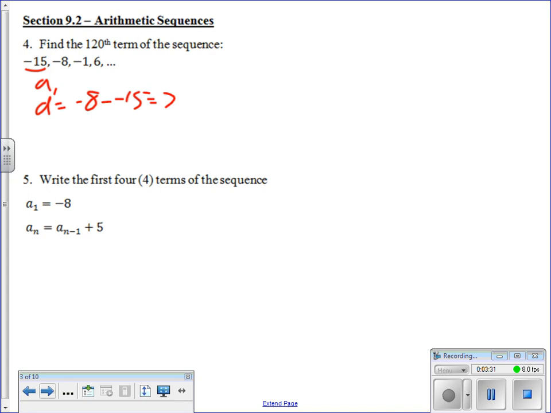And then I know N is 120, plug it into the formula. A sub 120 is -15 plus 120 minus 1 times 7. And you end up getting 818.